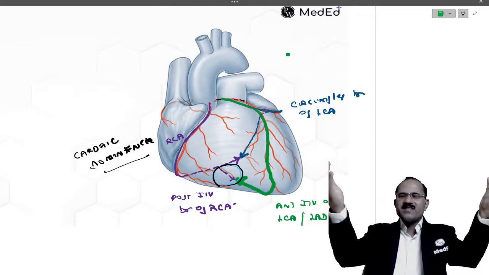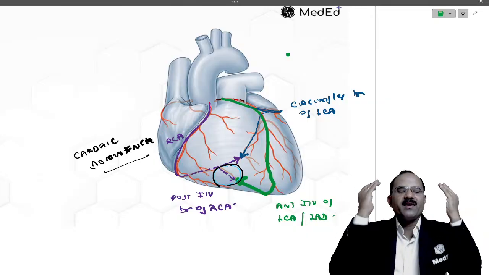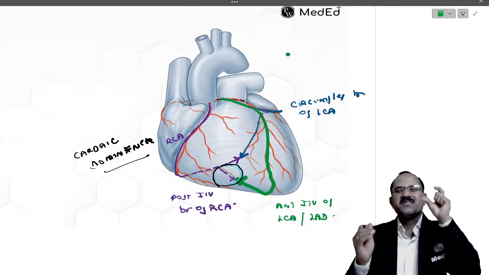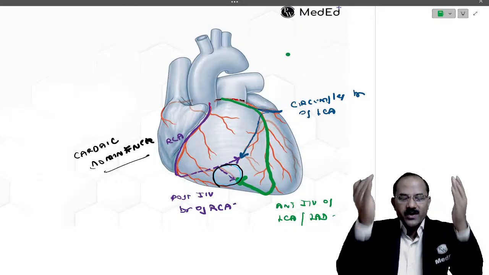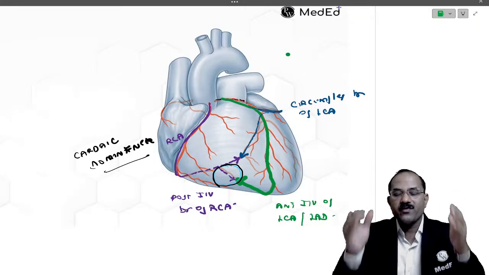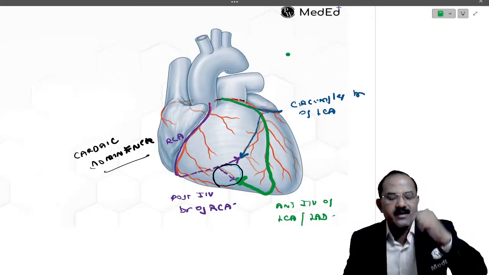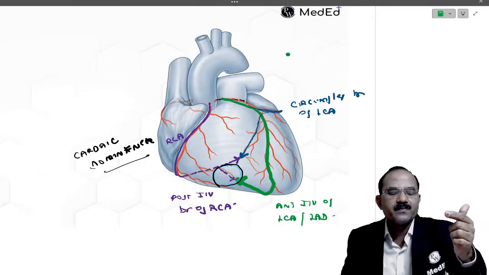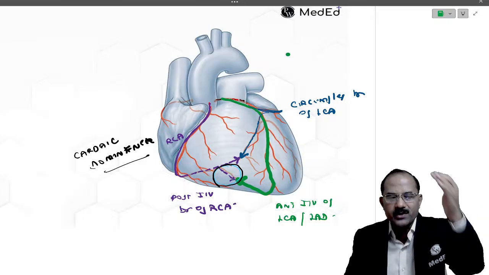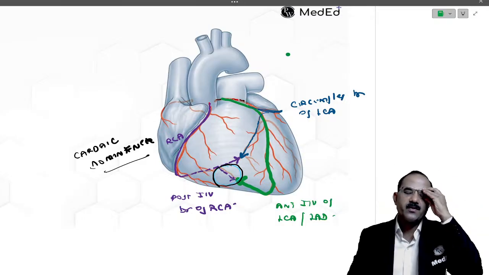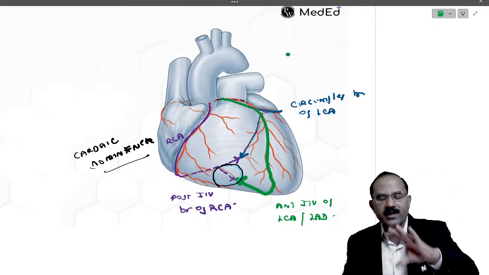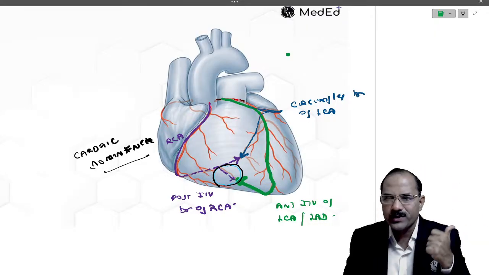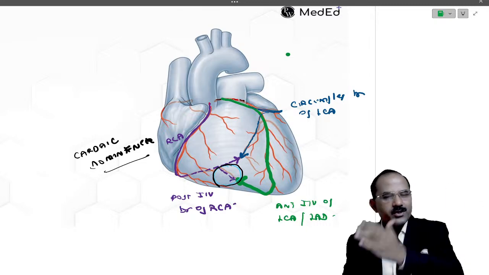So, this is the posterior interventricular artery, students. And this posterior interventricular artery is a branch of the right coronary artery in 85% of the cases, and this is what we call the right coronary dominance.